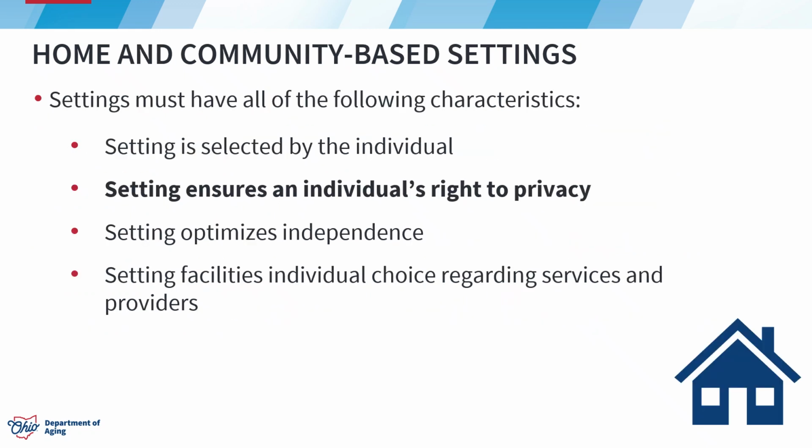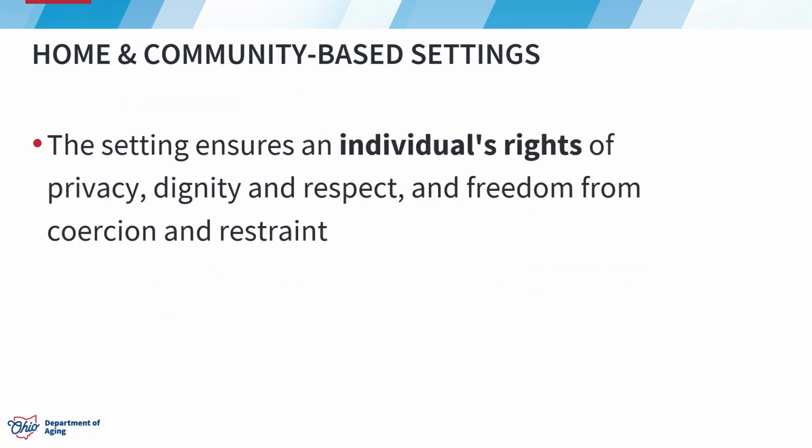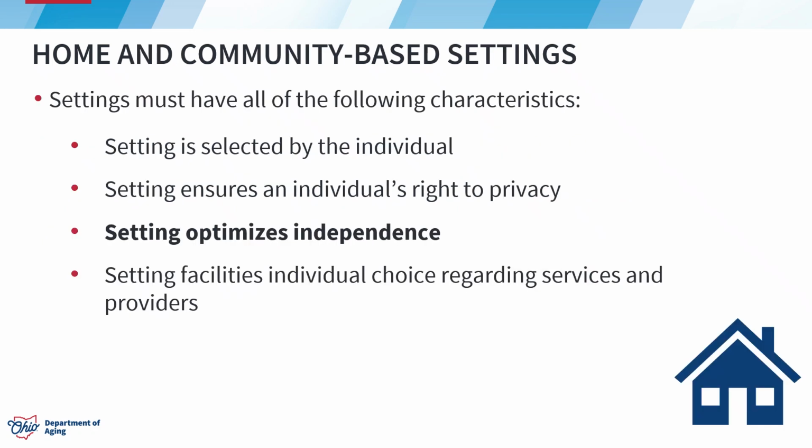Next is that the setting or living arrangement ensures an individual's rights to privacy. Additionally, it includes privacy, dignity and respect, and freedom from coercion and restraint. The setting optimizes independence.